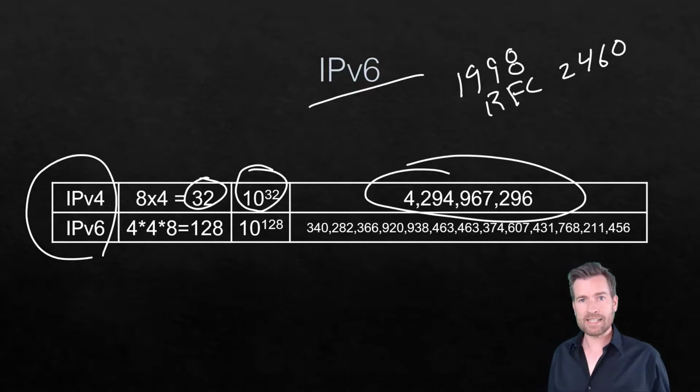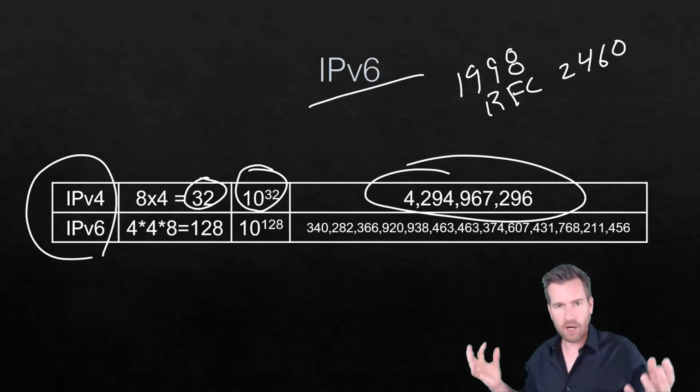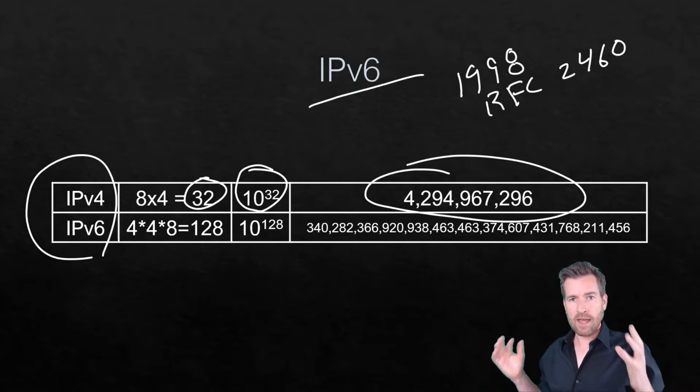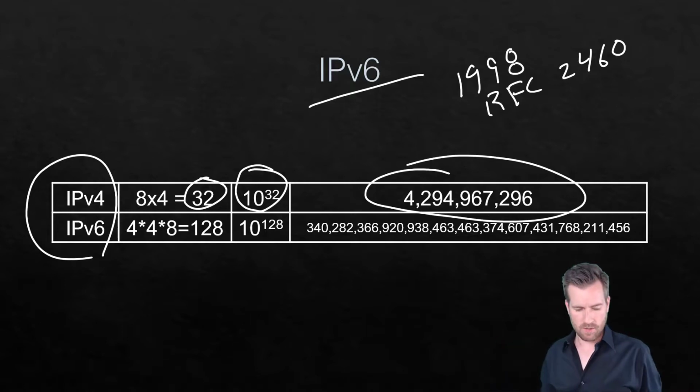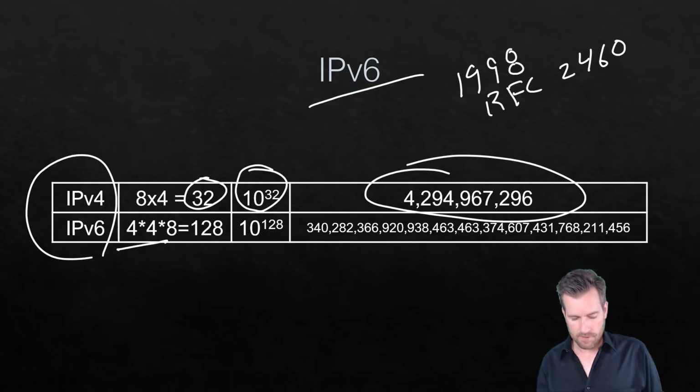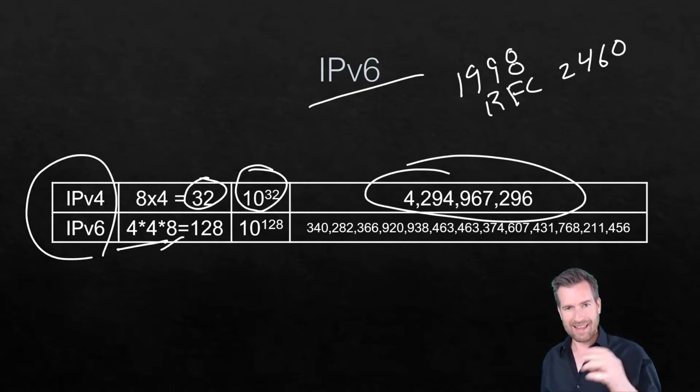So to address that, the idea was, well, let's implement IPv6. Let's make it so drastically larger that we couldn't possibly think about running out of addresses anytime soon. So with that, it's grouped into 8 groups of 4 hexadecimal digits.